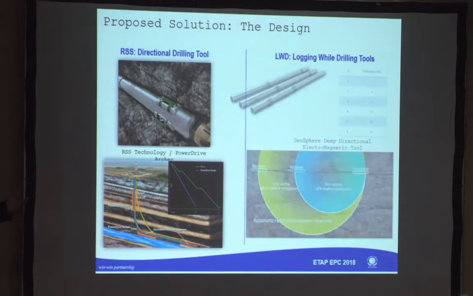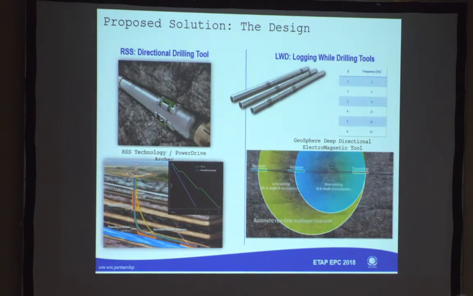And on the other hand, we need the logging while drilling tools and technology that enable us to map and acquire the petrophysical data and geological data to take the decisions in real time.